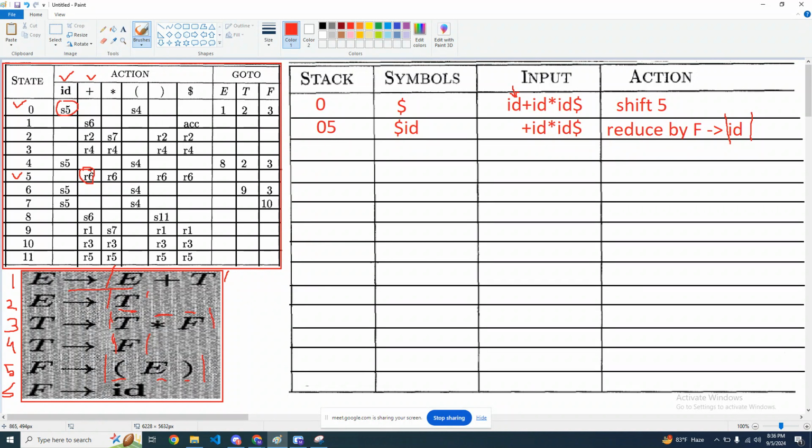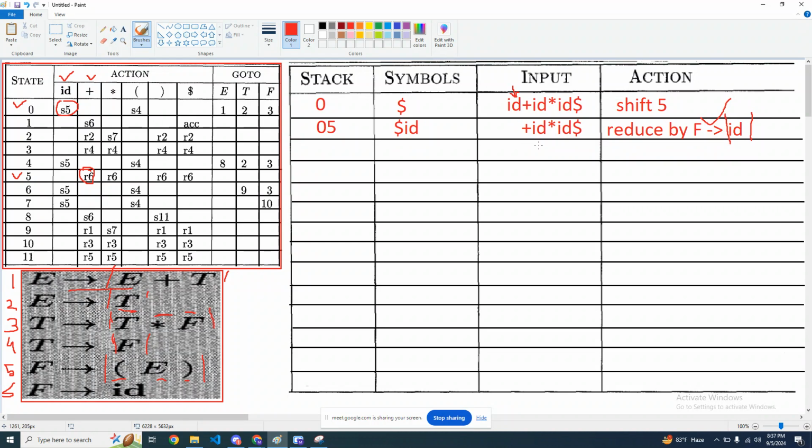So we need to calculate the cardinality of the rule that is being reduced by. So in our case, this is F produces ID and the cardinality is 1. If the cardinality is 1, we need to remove one value from the top of the stack. If the cardinality is 2, we need to remove two values from the top of the stack, right?